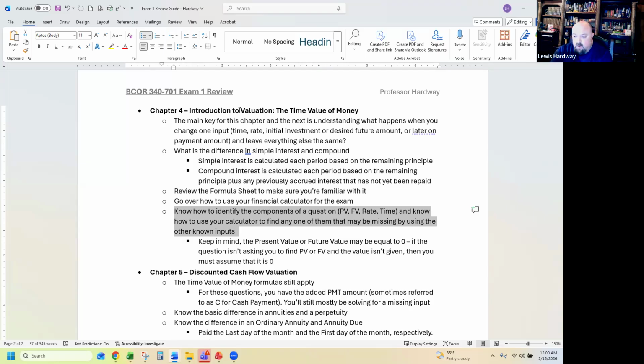Also, with questions where it asks you to manipulate something, but it doesn't give you a dollar amount, like it says double or quadruple, how long to double your money or something, but it doesn't tell you what to start with.